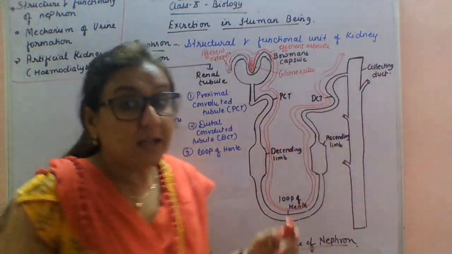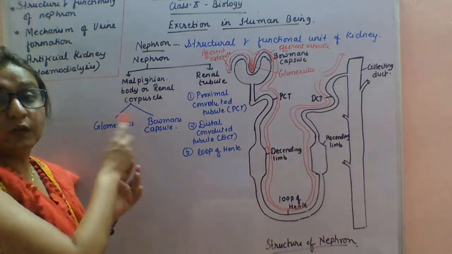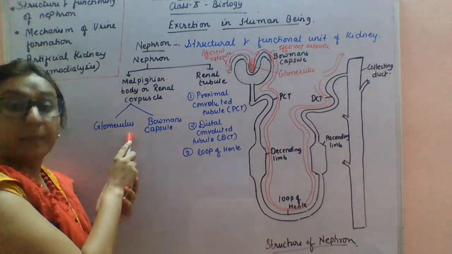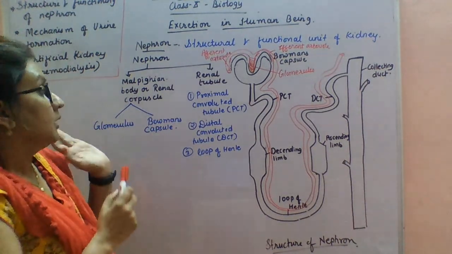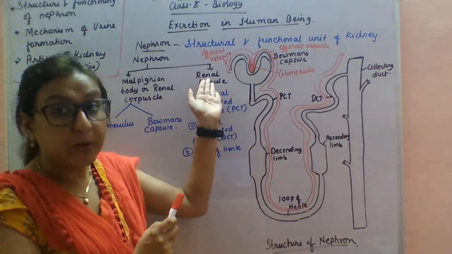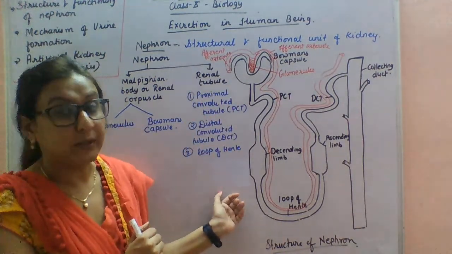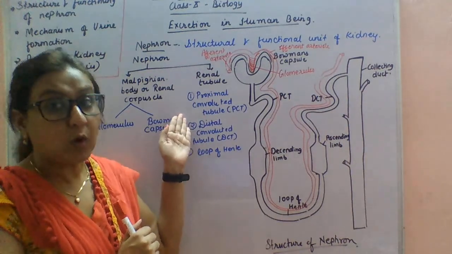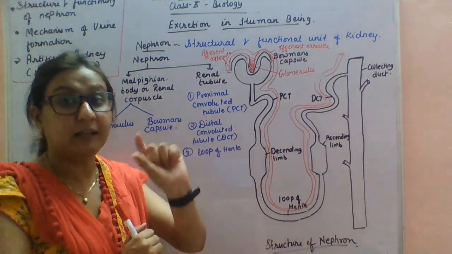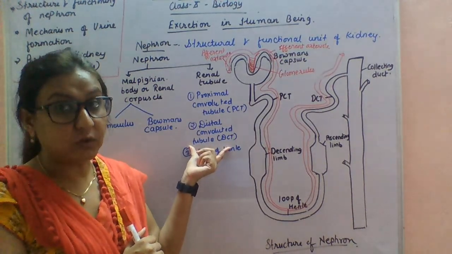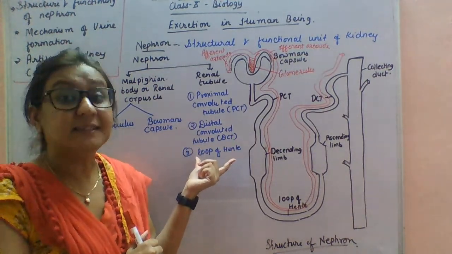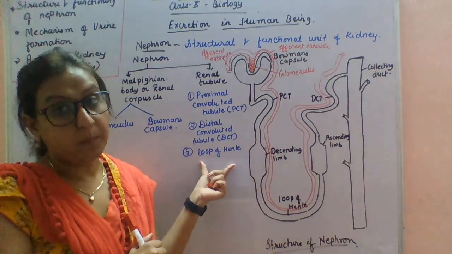The renal corpuscle consists of two components, that is glomerulus and Bowman's capsule. The renal tubule consists of three components: first is the proximal convoluted tube, in short form PCT, then the distal convoluted tube, DCT, and then the loop of Henle.